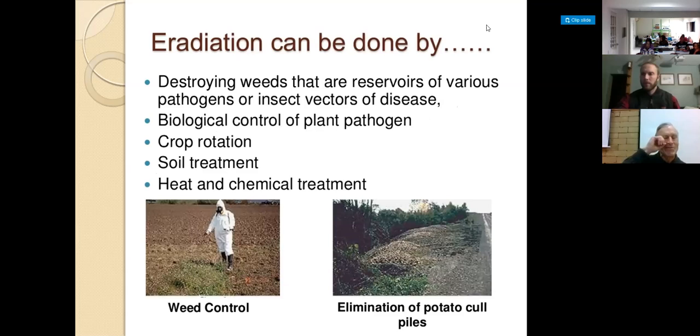So ways to accomplish eradication: you can destroy weeds that are reservoirs of the pathogens or insect vectors, or you can destroy the insect vectors of the disease. Like if there's a virus that lives in some weeds, you can eliminate those weeds from your farm, eliminate that source of the virus.